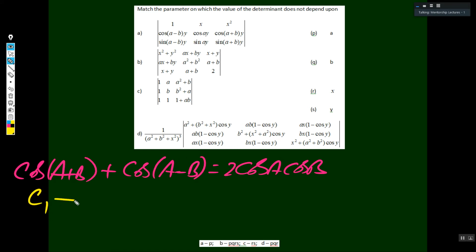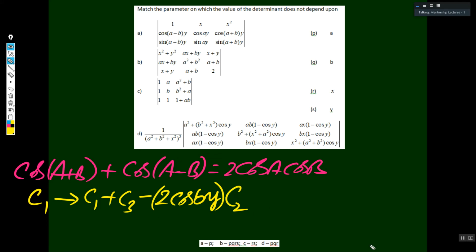C1 changes to C1 plus C3 minus 2 cos BY into C2. Anyone? Please tell me what is that you get if you operate this.